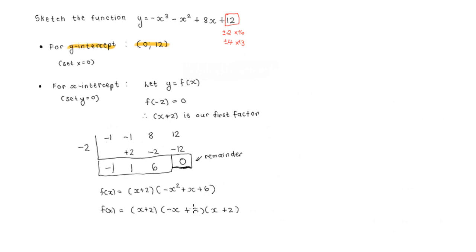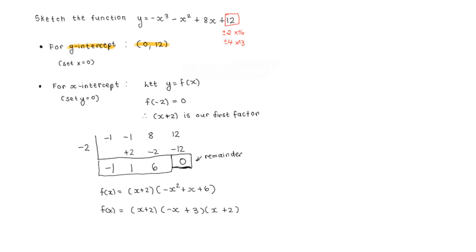So negative 2 plus 3 is a positive 1. Then lastly, positive 3 times positive 2, we know will give us 6. So there we go. We have now factorized our quadratic factor.